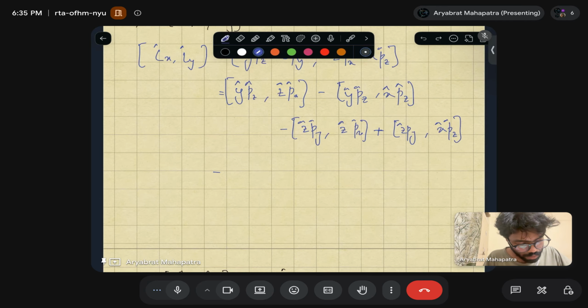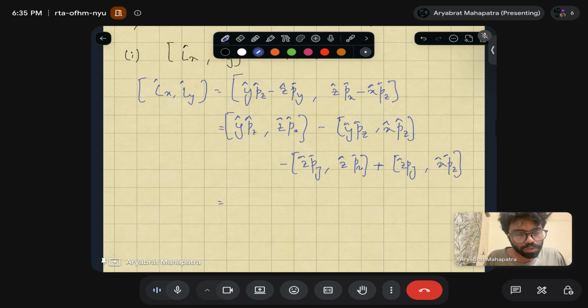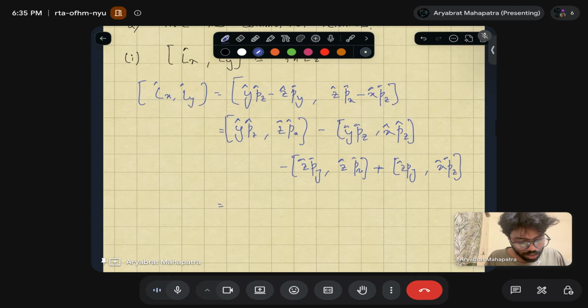And with that, I think you are all already familiar with one of the most fundamental commutation relations in quantum mechanics, the commutation of x and px, the position and momentum, which basically gives you i h bar.